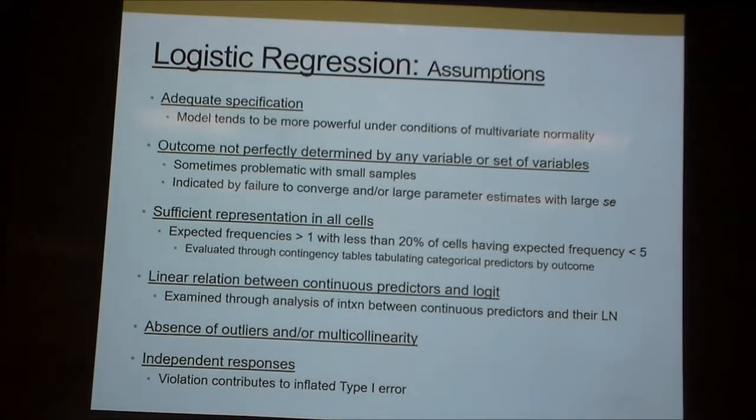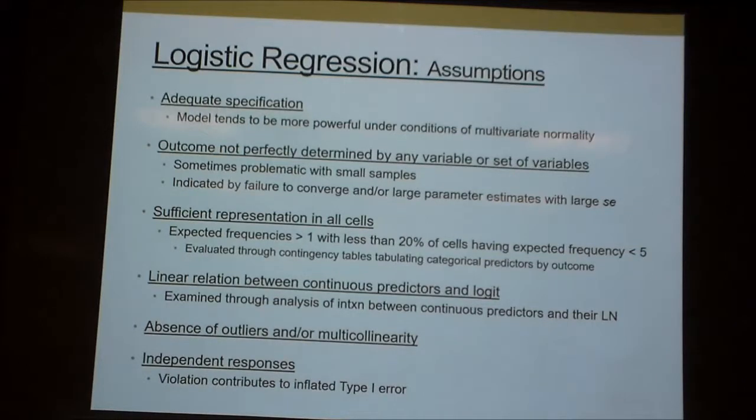We're expecting a linear relation between your continuous predictors and the logit. Okay, so remember our logit is the natural log of the odds of our target versus our not target. We're expecting that the logit has a linear relation with my continuous variables, right?